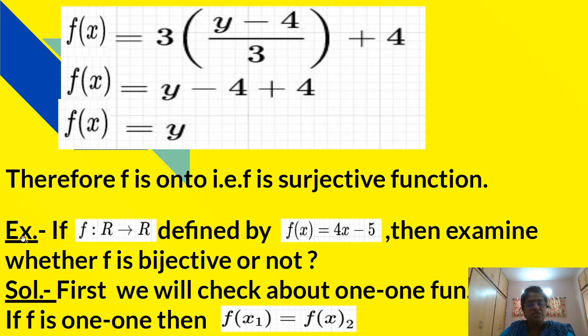See the next example. If f from R to R is defined by f(x) = 4x - 5, then examine whether f is bijective or not. See the solution. First we will check about the one-one function. If f is one-one then f(x1) = f(x2).